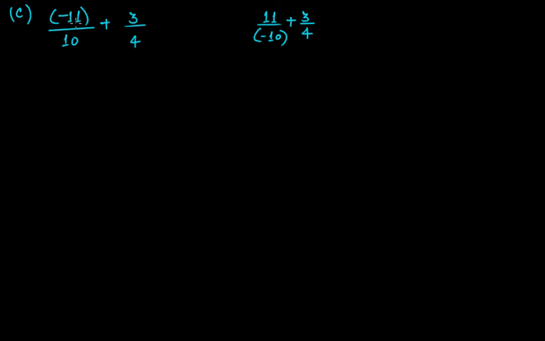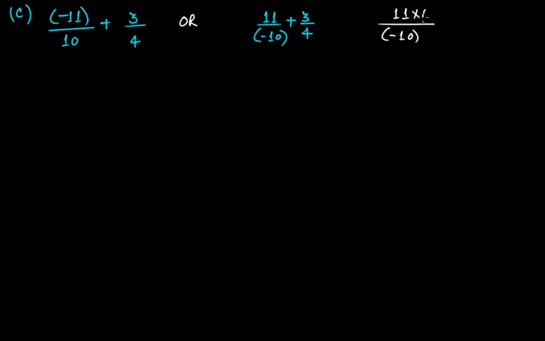Here you have minus 11 over 10 plus 3 over 4, or if it was like 11 over minus 10 plus 3 over 4. Everything is same, just negative sign is in the numerator here and here negative sign is in the denominator. So surely we don't want negative sign in the denominator. So you have to remove this. It should be 11 minus 10.